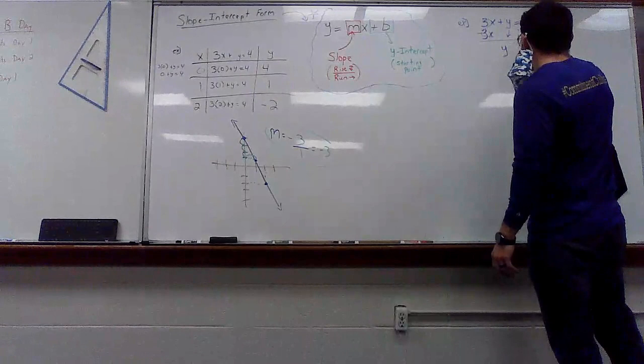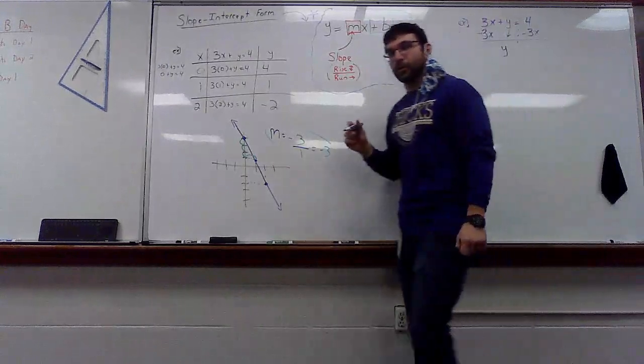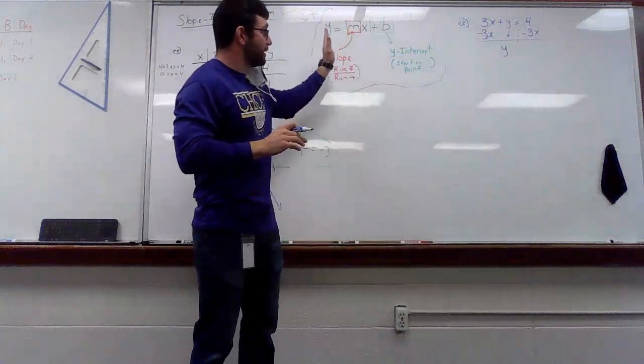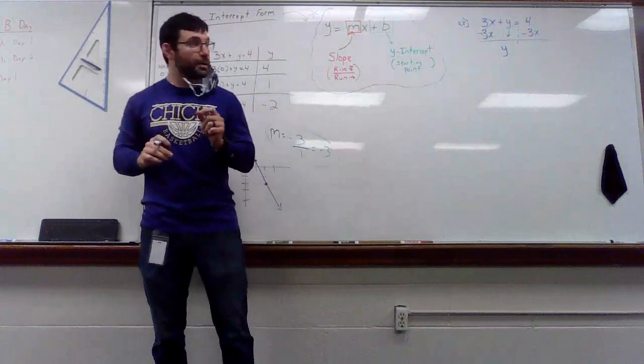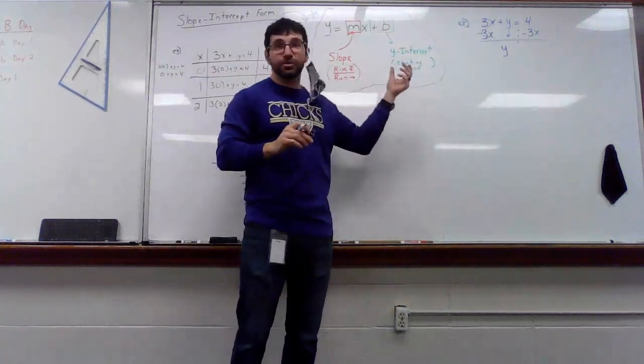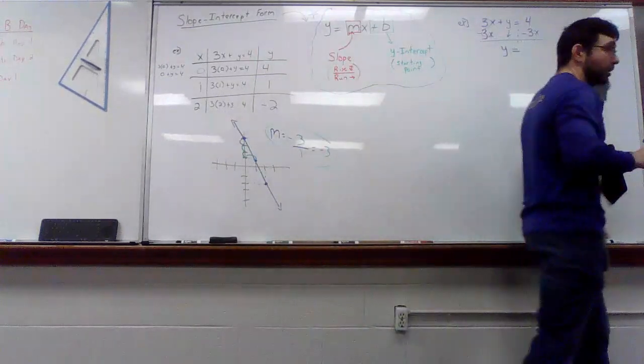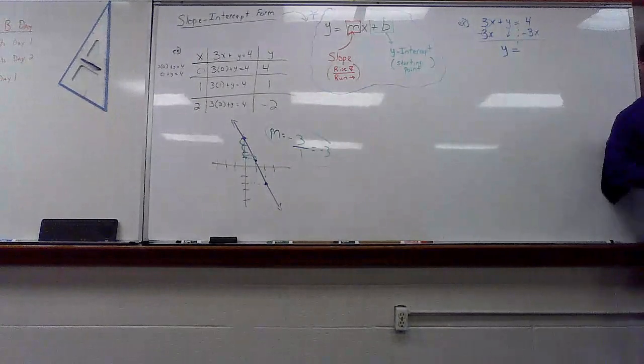Y comes down. Now, here's where it gets a little bit tricky. Slope-intercept form is y equals mx plus b. So we want that x term closest to the equal sign. What's my x term on this side?